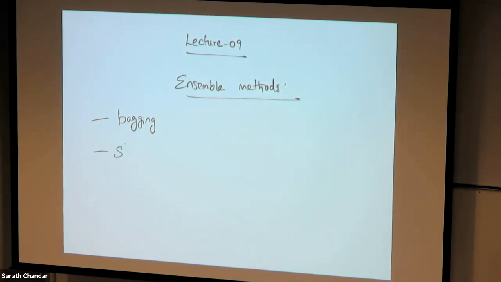Then we also looked at stacking, which is the idea of learning a meta model which will take predictions of a bunch of models and learn to make a prediction by using this combined expertise, right? We discussed a strategy for training such a meta model using the idea of cross-validation. So these are the 2 different methods that we have seen in the previous lecture.